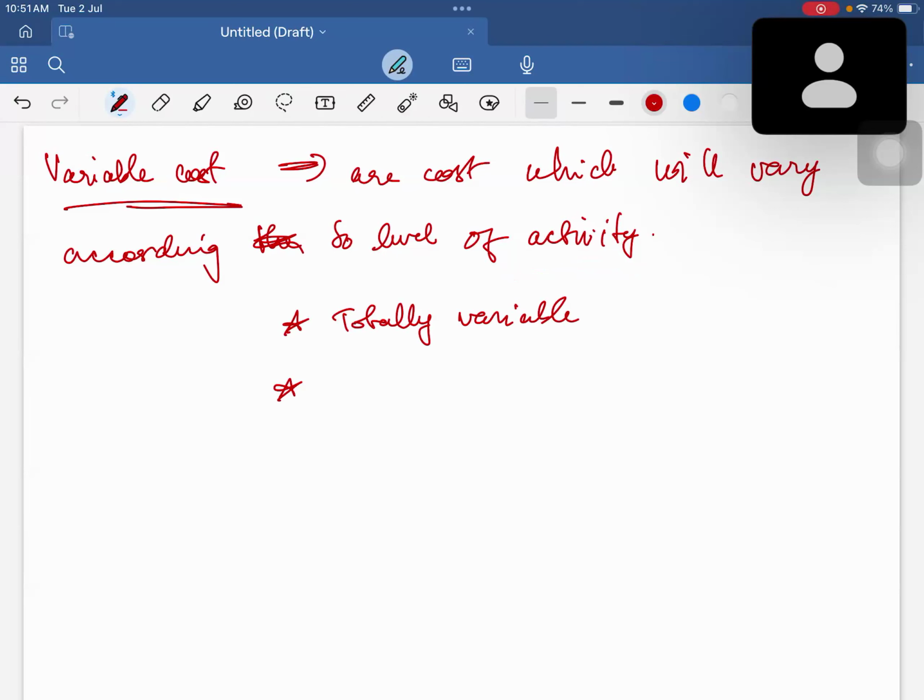So per unit variable cost is always fixed, and it is going to be constant for all the output produced. I'm stressing the point that per unit variable cost is fixed. It can come for OTQs. Now, at the zero level, variable cost is also zero.